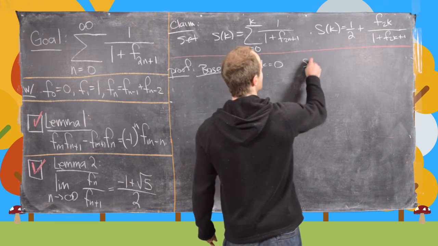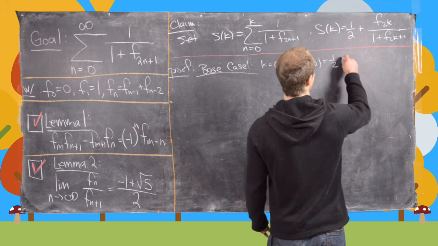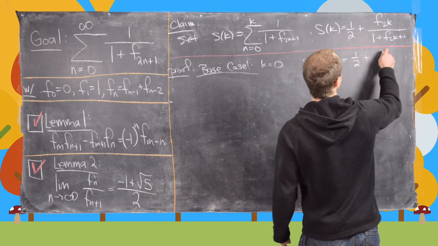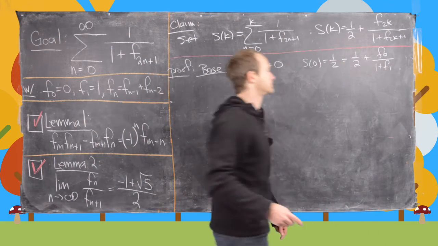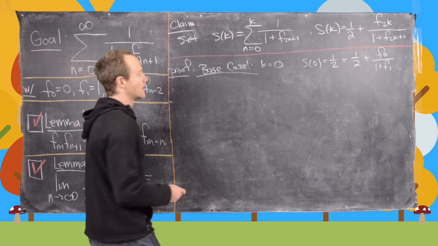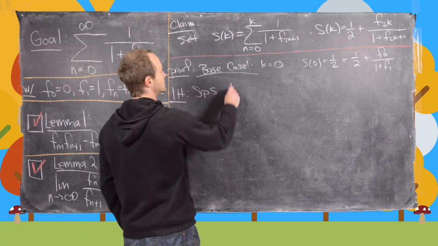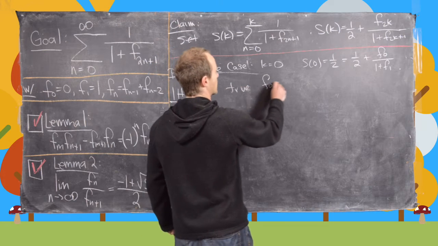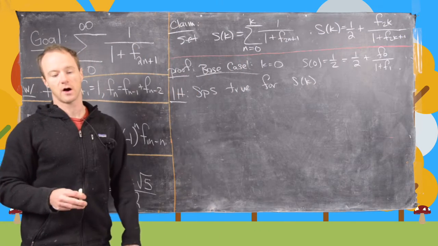In that case, it's kind of obvious that we get s of 0 equals 1/2, which equals 1/2 plus f sub 0 over 1 plus f sub 1. Again, that's pretty obvious. Now let's make our induction hypothesis. Let's suppose this is true for Sk. In other words, that formula holds.